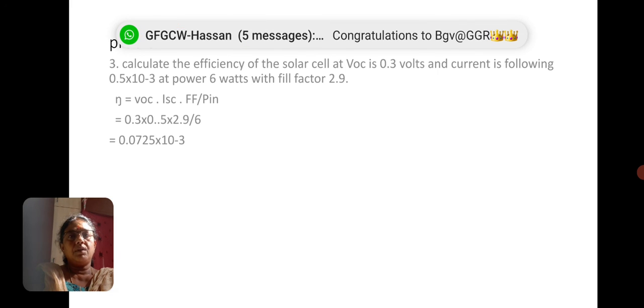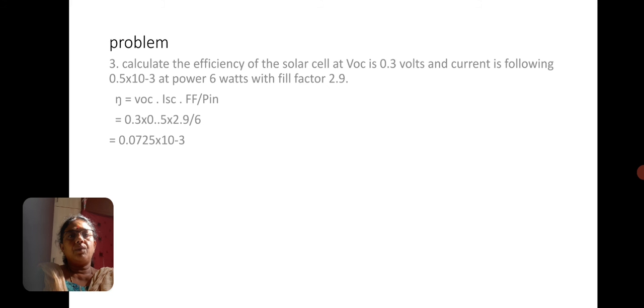Efficiency is equal to voltage at open circuit into short circuit current into fill factor divided by power input. These values are given, VOC, ISC and fill factor, and also power. Then directly you can calculate the efficiency.